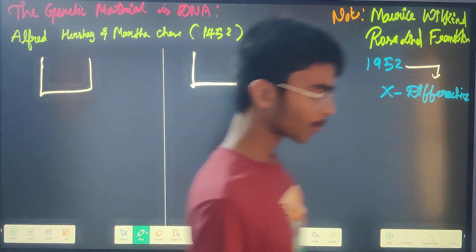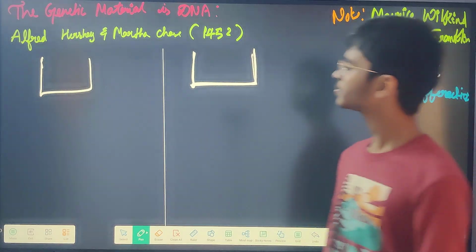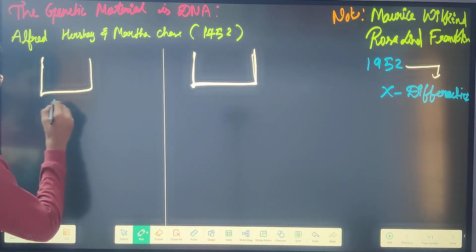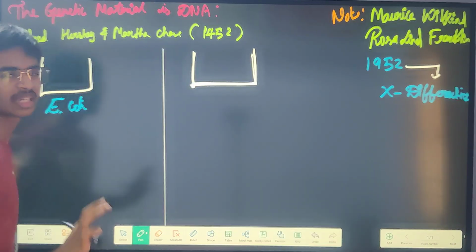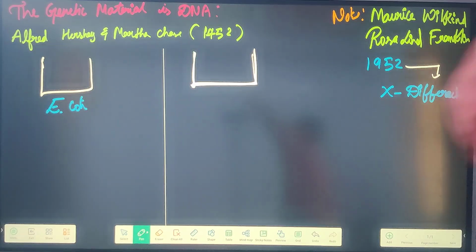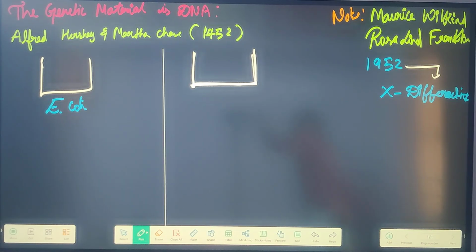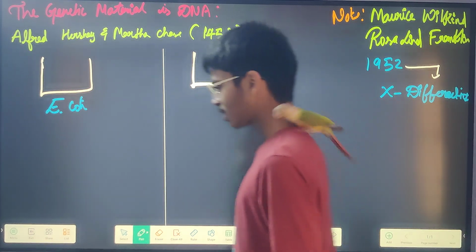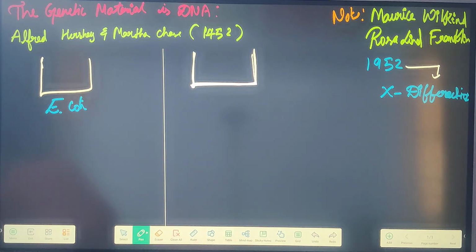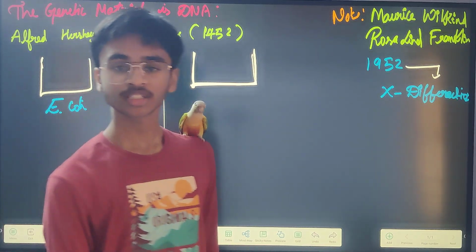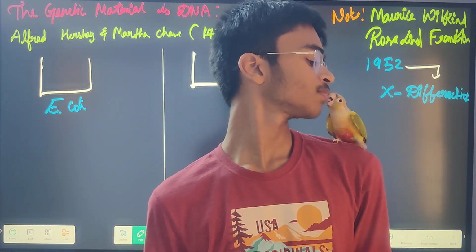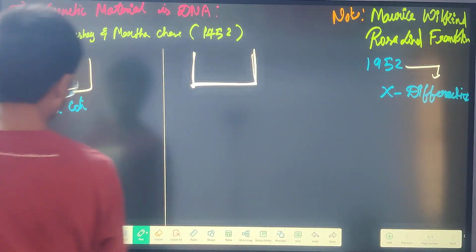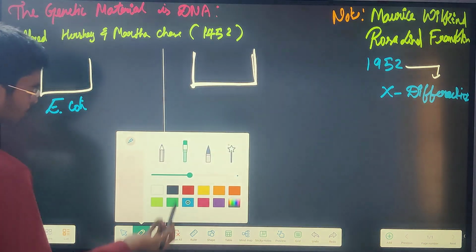They have taken E. coli, and here also it is full of E. coli, once again. Since he was shouting, I've taken my best friend. So with this E. coli, he also took the bacteriophage.